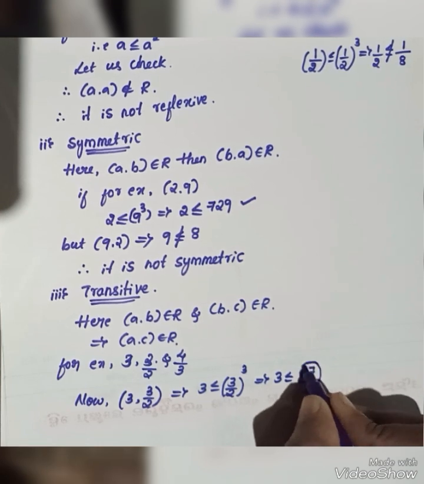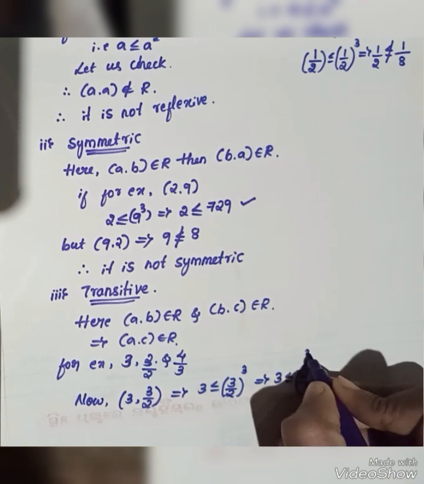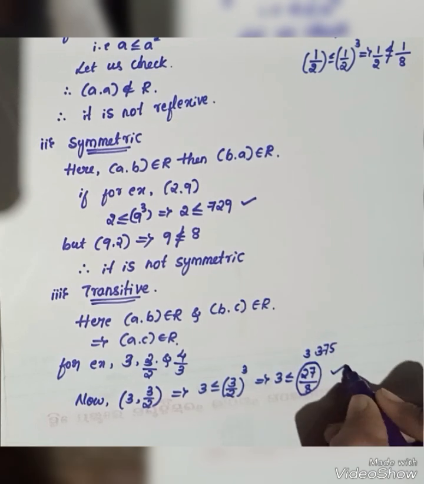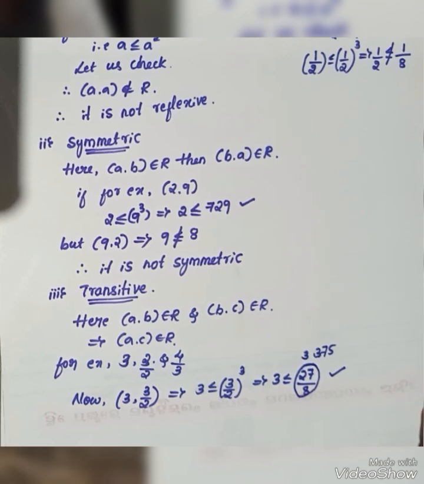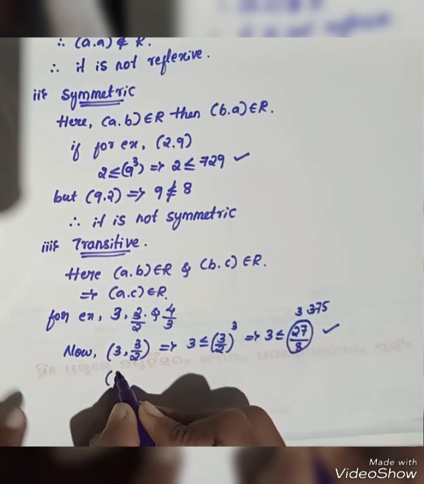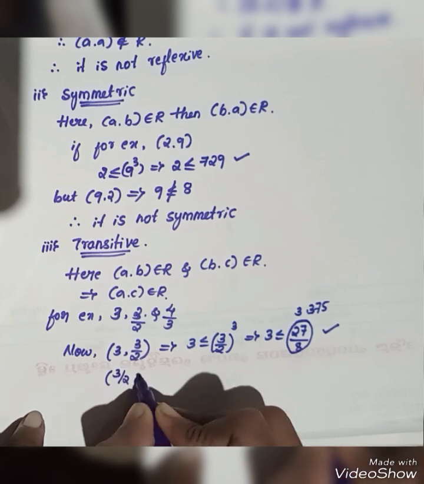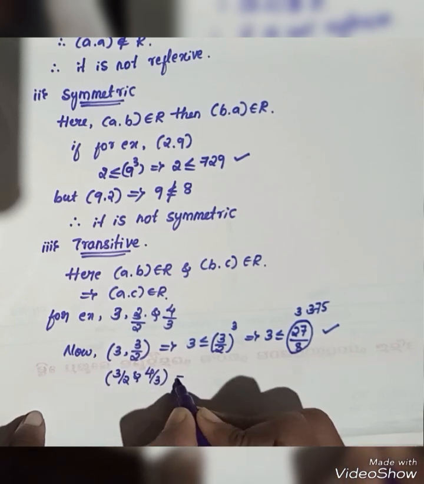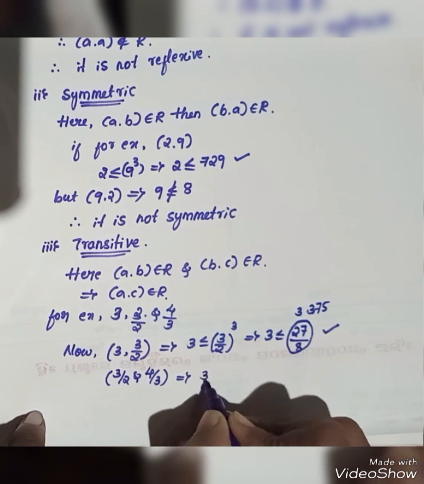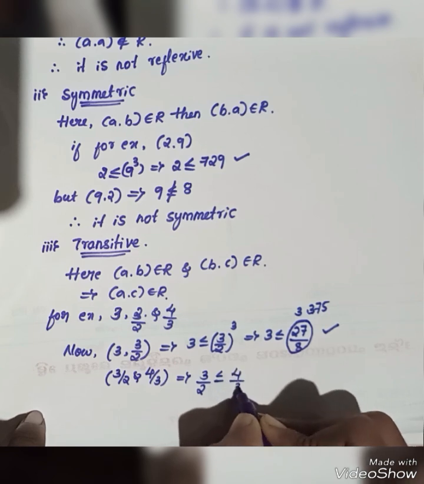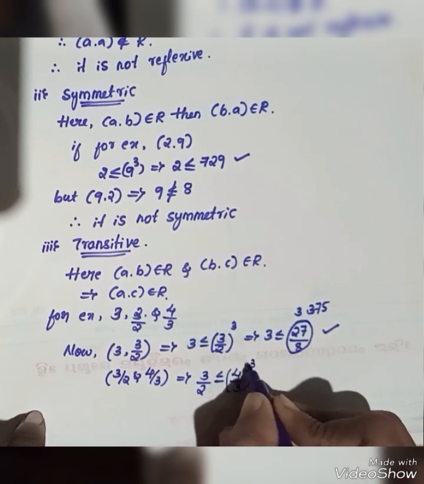This whole value becomes 3.375. Hence the condition is satisfied. Again for (3 by 2, 4 by 3), that implies 3 by 2 is less than or equal to (4 by 3) cube.